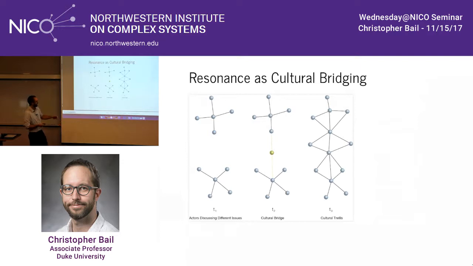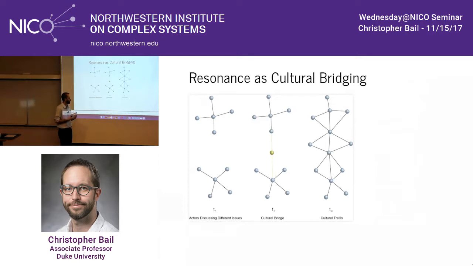So instead of thinking about people who are connected by, say, a friendship or being employees of the same organization, you can also, through a bipartite projection of people to the types of things they talk about, connect people based on whether they're discussing similar things. So here I'm trying to encourage you to think about these ties not as ties between people, but as ties defined by people who are talking about similar things. And that's what I mean by a cultural network.